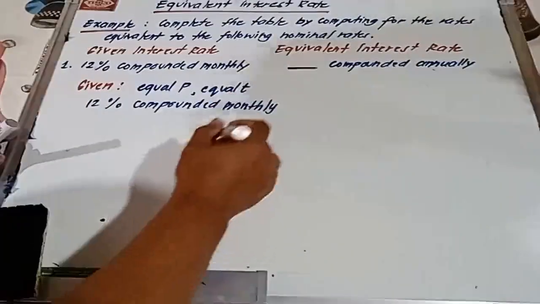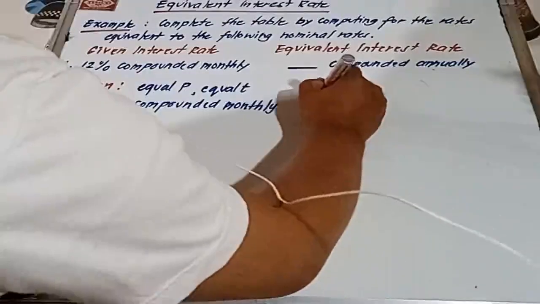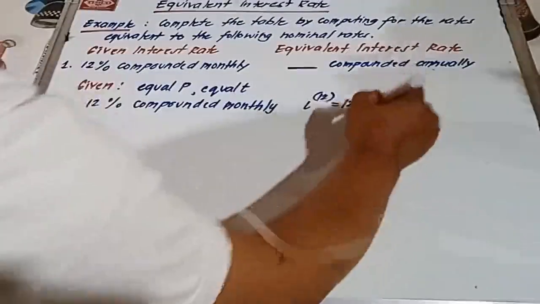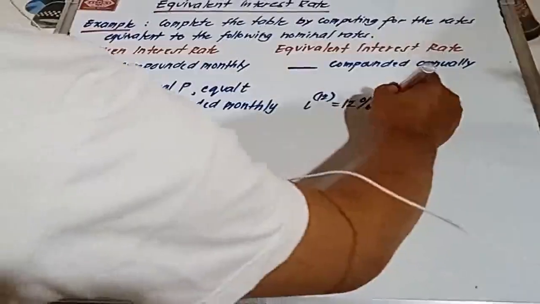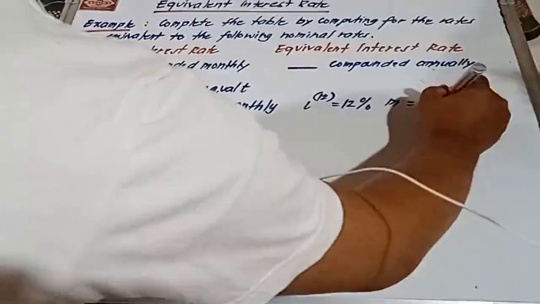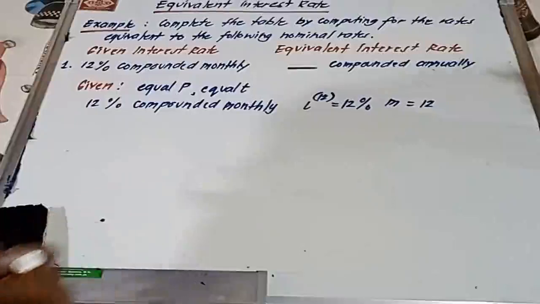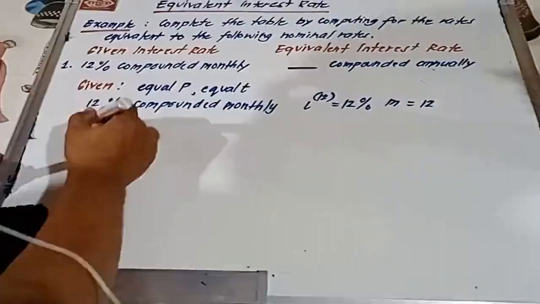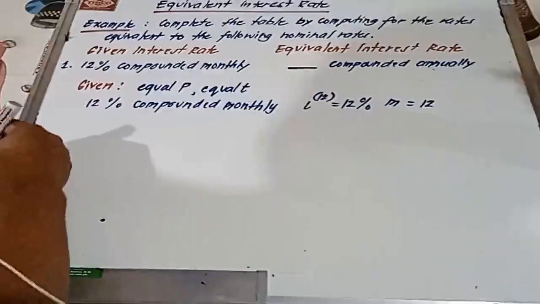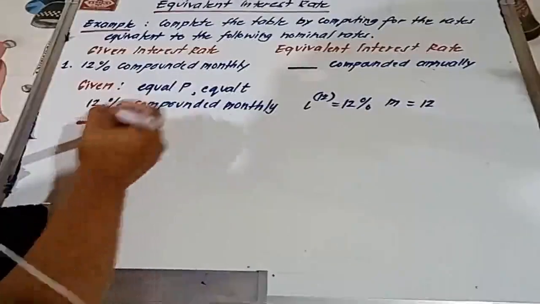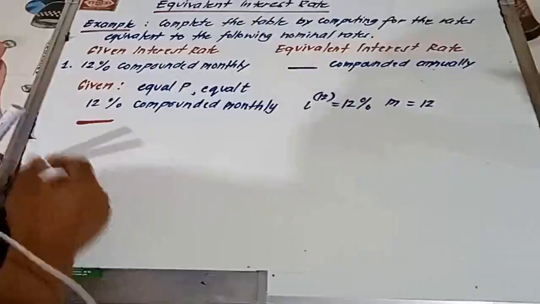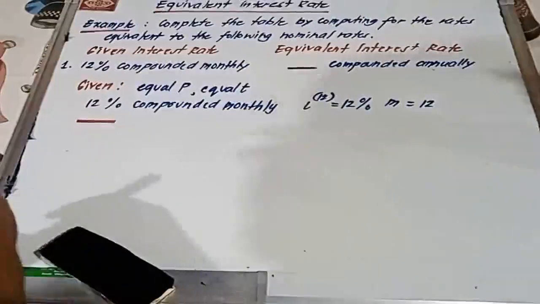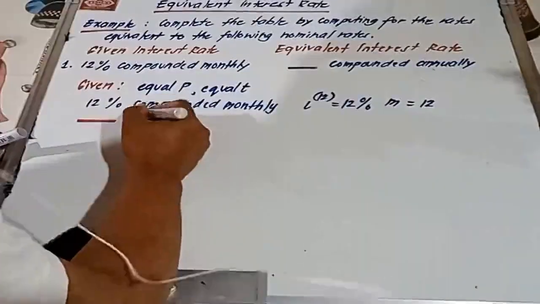So, ang given natin dyan is yung interest rate na 12%. What else? We have M equals 12. And, of course, P and T. Yung isa naman, yung hinahanap natin, yung interest rate compounded annually.